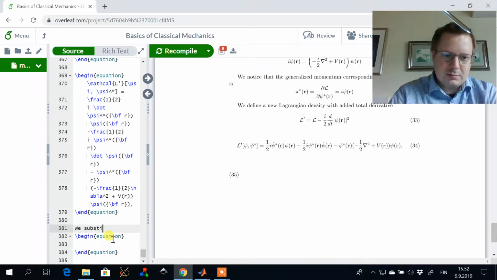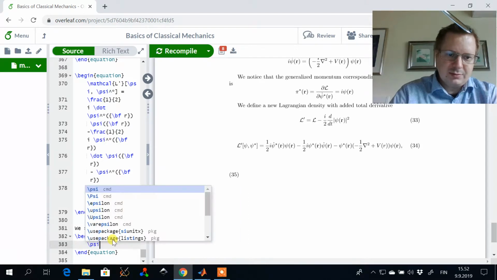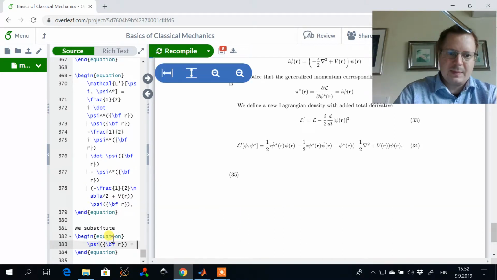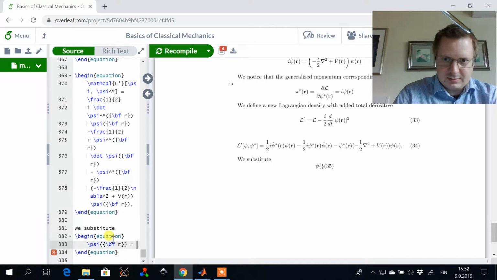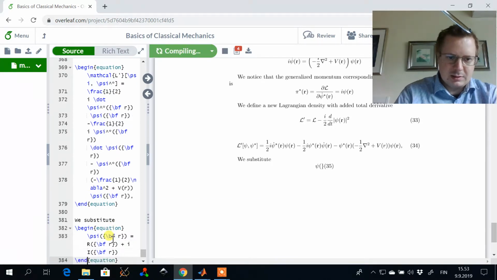So we substitute that the field psi will in fact be written as some real part and some imaginary part, like so.